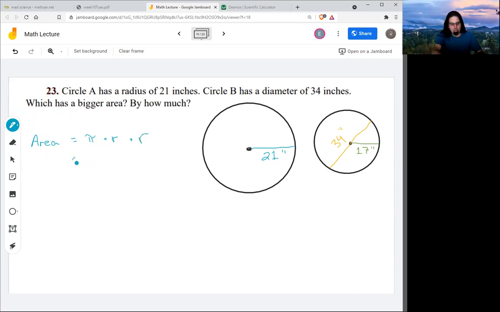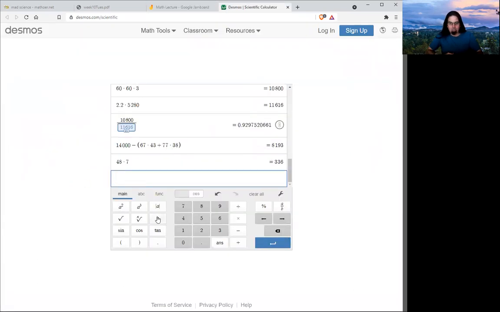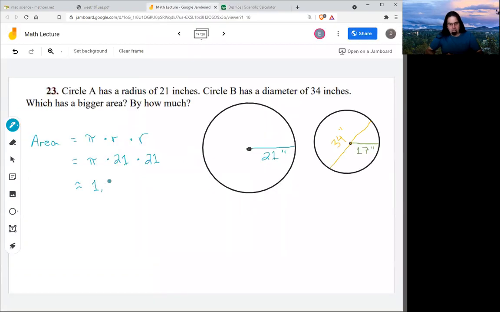So for blue, that's going to be 21 for each of those radii. So what is that? Pi times 21 times 21 is about 1385. I don't need to worry about rounding since it's just saying which of these is bigger. For the green one, same formula. Well, I guess I have to worry a little. It says how much, so I will round them consistently.